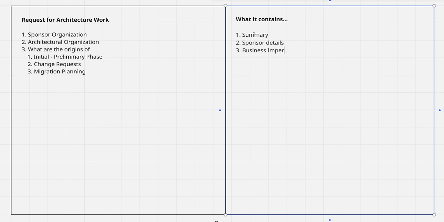And then business imperative. In business imperative, we will be looking into what is the strategy. It has to be filled up with the strategy, goals, mission, and their vision. If you know all this, then it will be easier to understand how the organization is going to operate, and how the architecture that is being developed will be helpful.